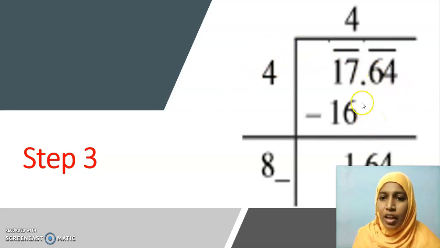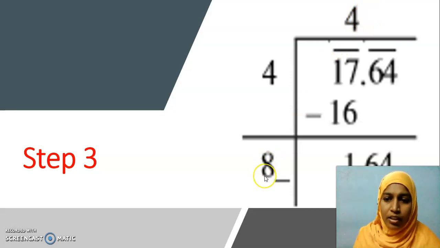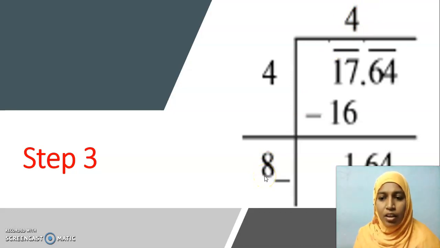Therefore, I have 164 here and 8. How did I get 8 here? I have to multiply this quotient with 2. So, 4 2s are 8. This is the same thing that we did in whole numbers, finding the square root of a whole number.